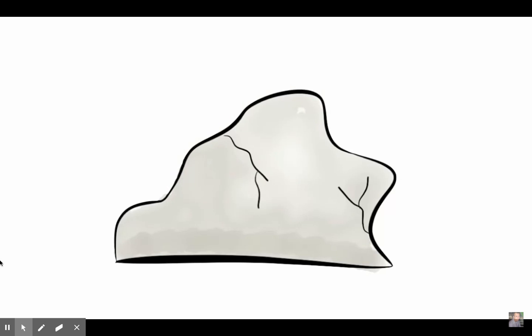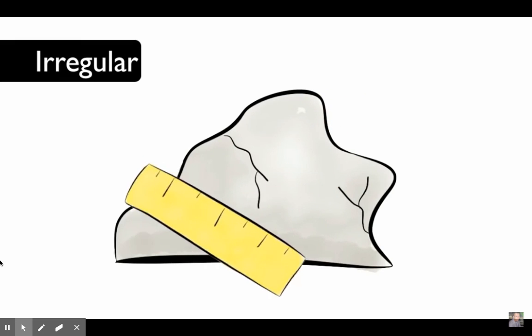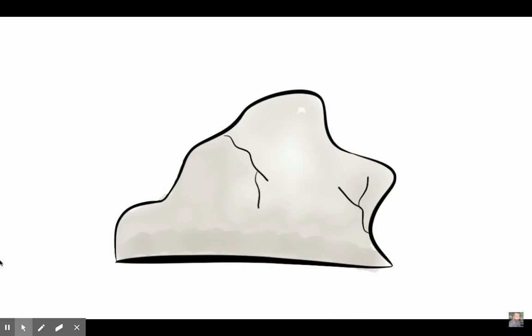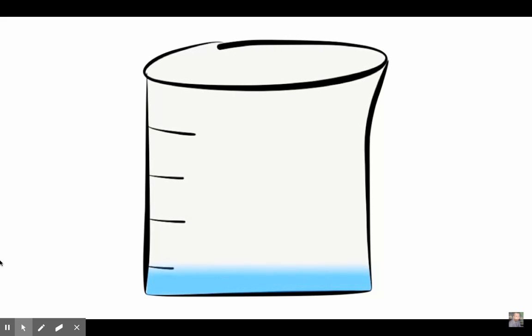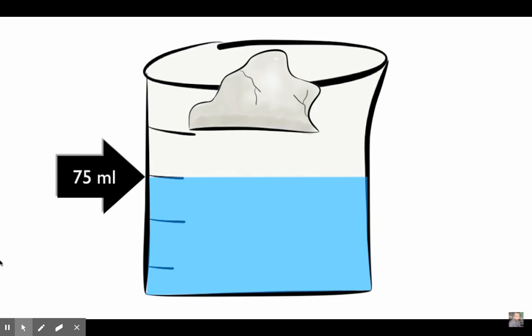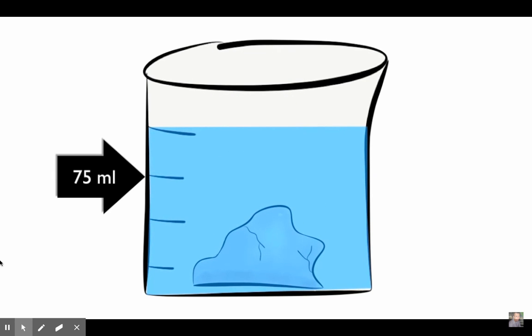The shape of the rock is described as an irregular solid because it is not made up of simple shapes. As a result, we need to find the volume of the rock in a different way. To find the volume of an irregular solid, fill up a beaker with a known amount of water. Then, drop the rock in. Notice that the water level is higher.